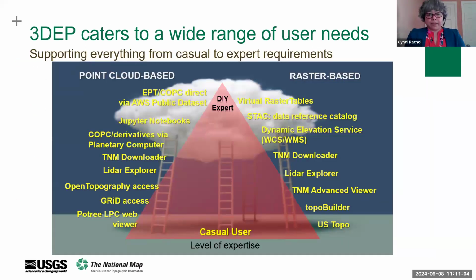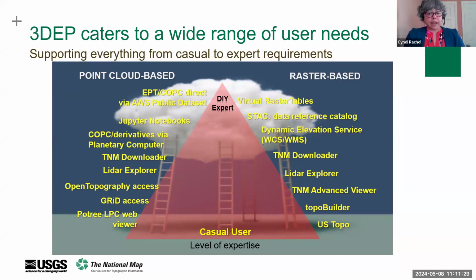So to start out with, this is a snapshot of all of the different ways that one can access our data. We try to provide access to a wide range of users, anyone from users who may not be map savvy or have access to professional analysis software to those that we'd like to call do-it-yourself experts. So those are those that are writing code and coming up with unique ways to analyze data.